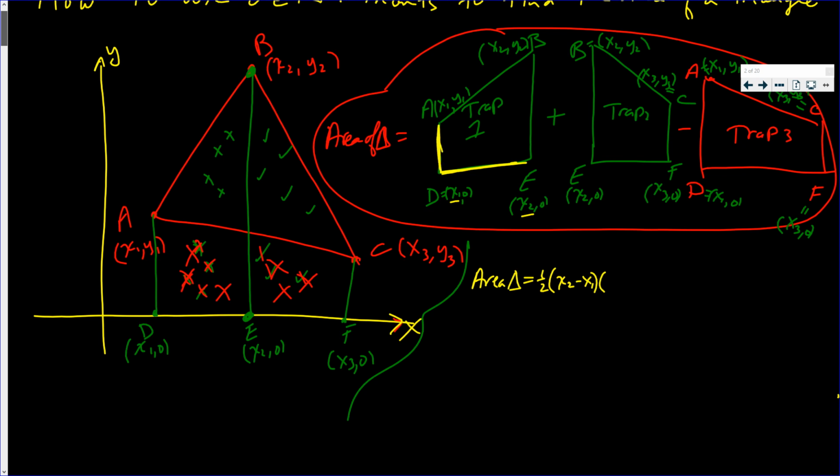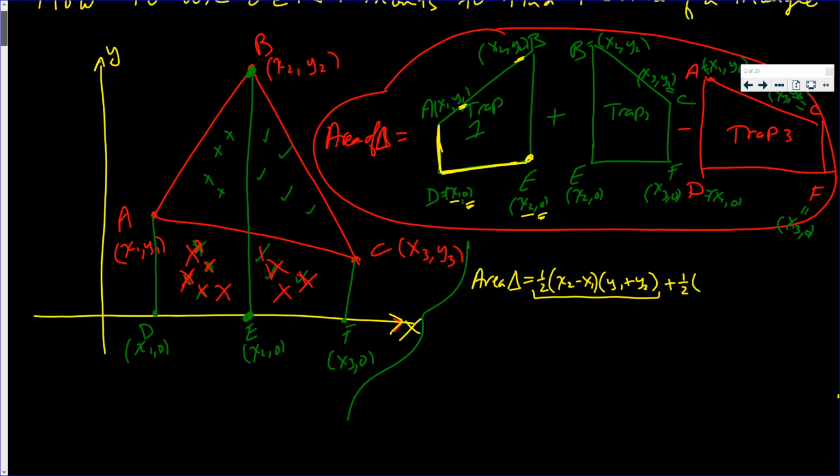Well, this height goes from 0 to y1. That height is y1. This height goes from 0 to y2. That height is y2. So here is the area of trapezoid 1.